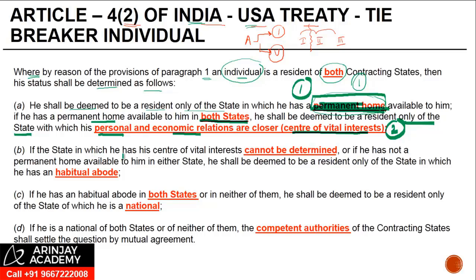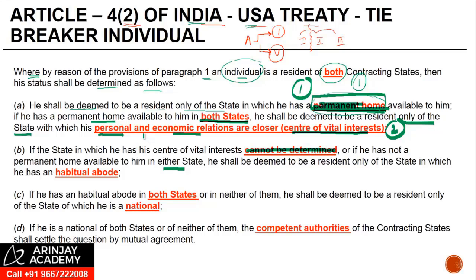If the state in which he has his center of vital interest cannot be determined, or if he has not a permanent home available to him in either state, right? So look at this situation. If he has a permanent home in India and not in US, he's a resident of India. If he has a permanent home in US, not in India, then he is a resident of US. But if he has a permanent home available in both the states, you need to see where his personal and economic relationships are closer.